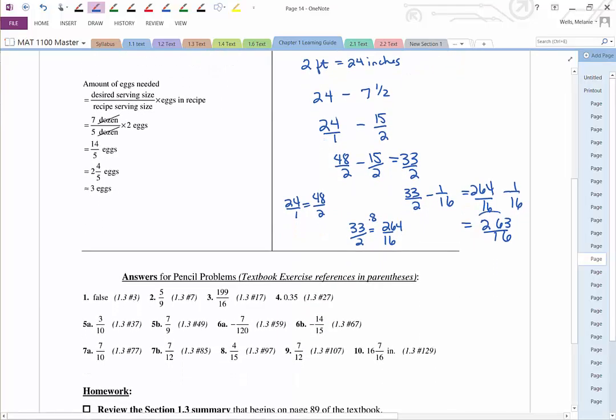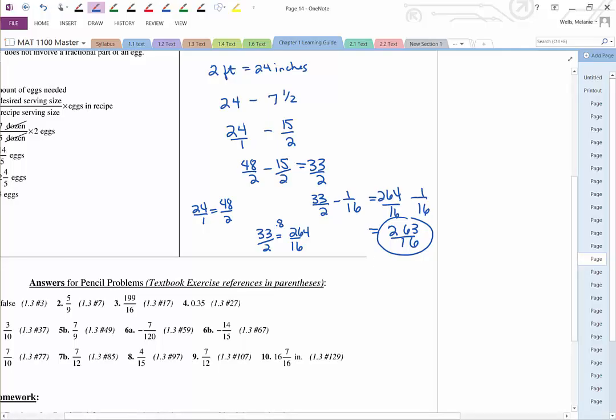This would be correct if we were only looking at an improper fraction for the answer, but let's divide that. If I take 263 divided by 16, 16 goes into 26 one time. 1 times 16 is 16.